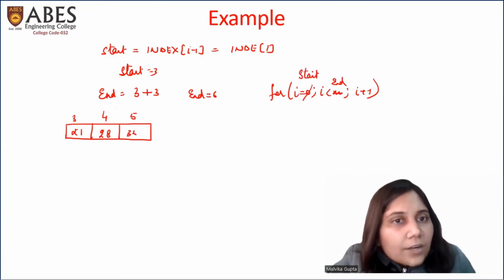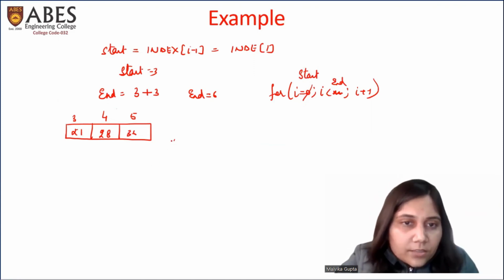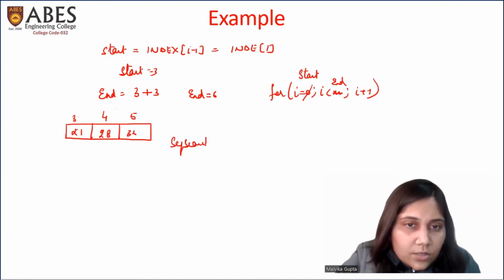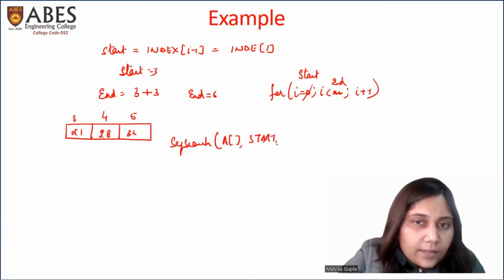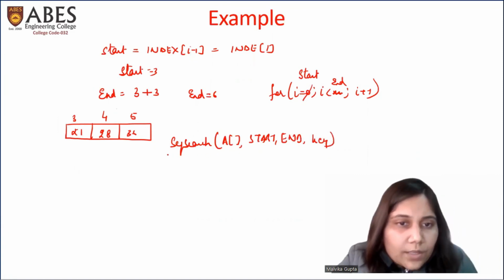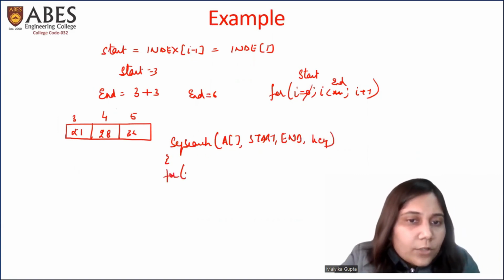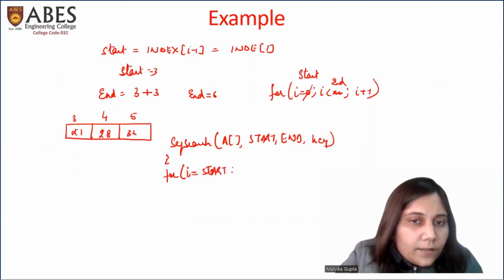So if I am writing over here, start, my loop will start from start. If I consider this sequential search like this, the array I have passed, start I have sent, end, and then the key. So my loop will be for i equals start, i is less than end, i plus plus. So what will happen?